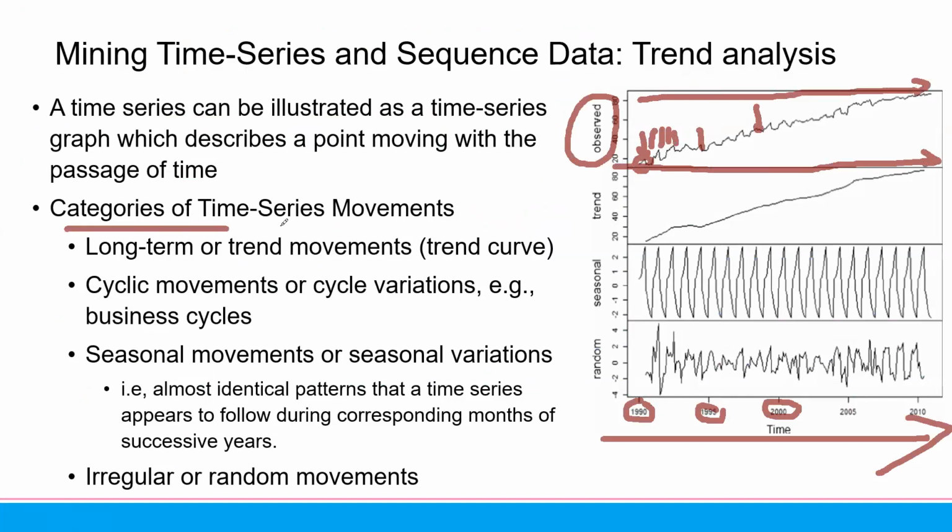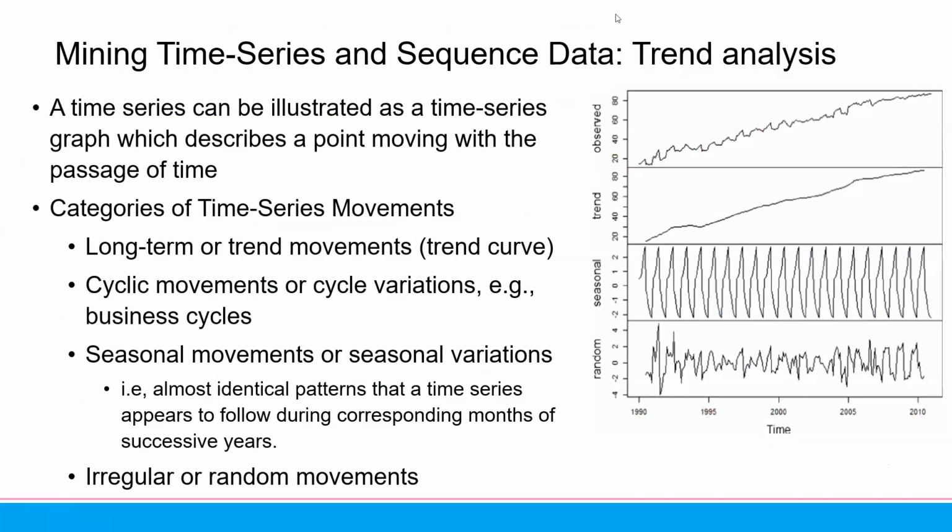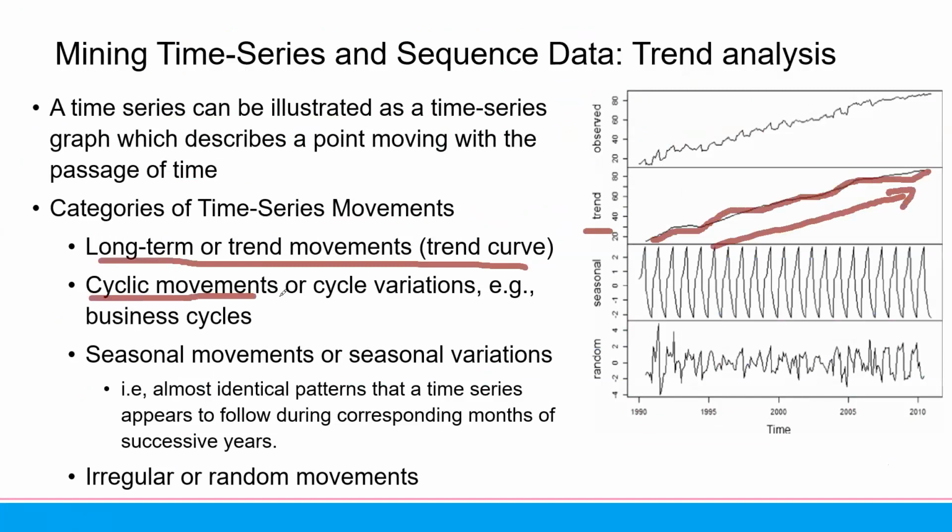There are some categories of time series movement. We can look at the trend. The trend means we want to see the long-term movement with the trend curve. So trend means there's a growing pattern like this; it is growing up because this is a trend. Then cyclic movement or cyclic variation, which is the business cycle.